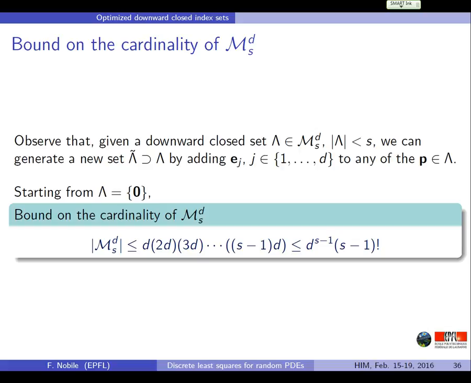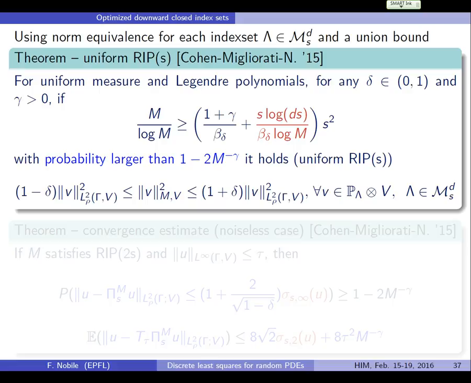Here is another estimate. Here we estimated the number of downward closed sets in this family M. I skipped the argument, but we can get this estimate here, d to the s minus 1 times s minus 1 factorial. And then with this, we used just a union bound on the previous non-uniform estimate.